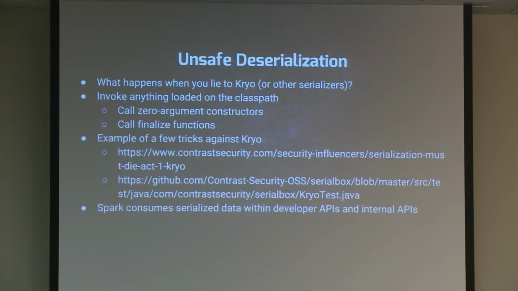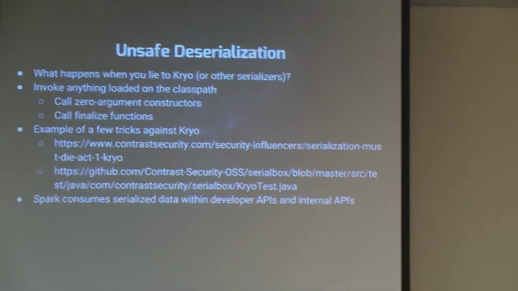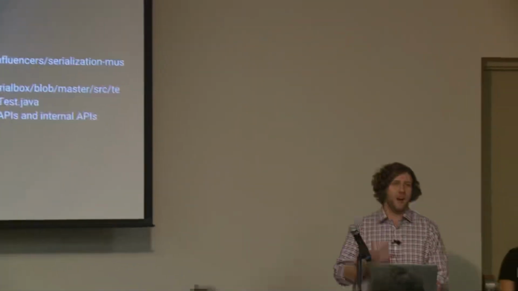And you can do things like abuse zero-argument constructors to make it easier. You could also call things like finalize methods, right? If you're familiar with what probably happens in finalize, you do cleanup, you delete files, you blow away resources and stuff like that. So it can be pretty nasty in a runtime environment. Here's an example. Again, I did not write this. It's cited at the bottom.